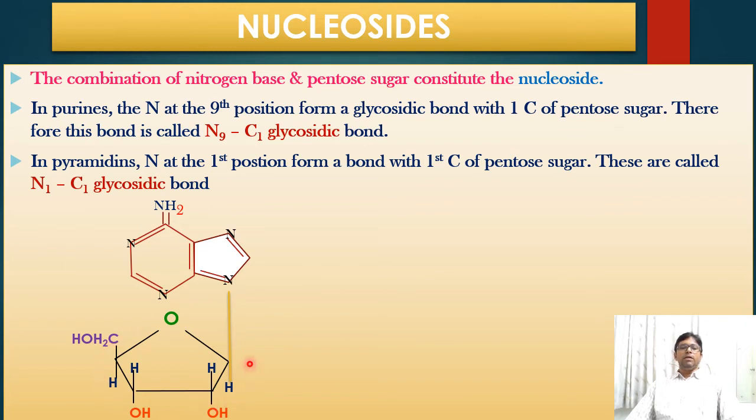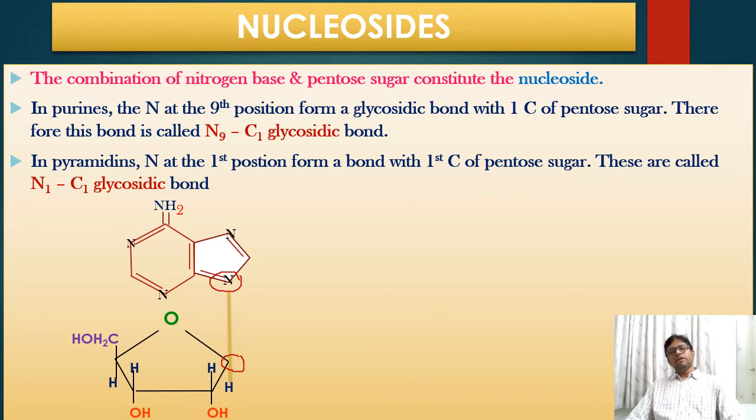This is the pentose sugar, ribose sugar particularly, and this one is aminopurine, 6-aminopurine or adenine, and this is the nitrogen which is at 9th position, which is in an imidazole ring, right? And this is the first carbon, this particular place. A glycosidic bond is formed in between the nitrogen and carbon.